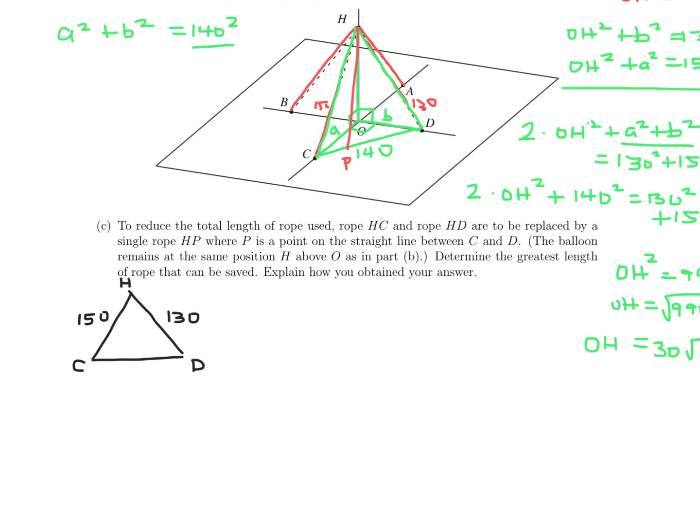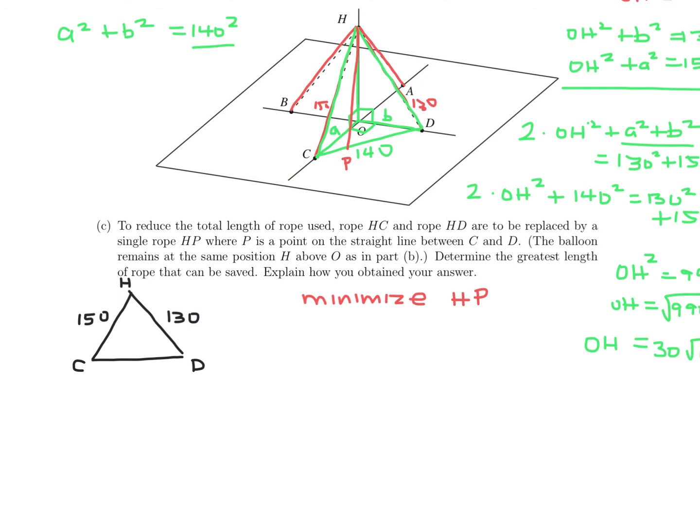Now, our goal is to minimize HP, right? So the way to do that is to draw a straight line down. The shortest distance between two points is a straight line that's perpendicular.